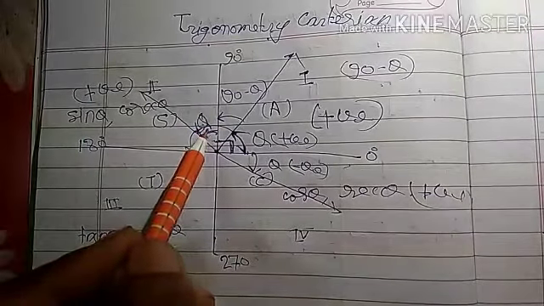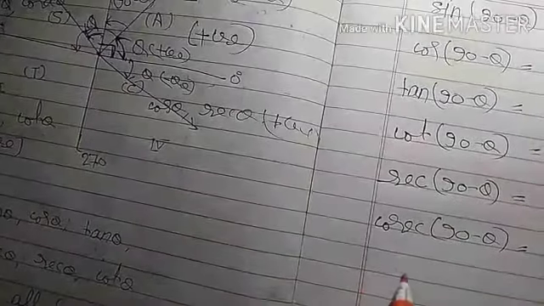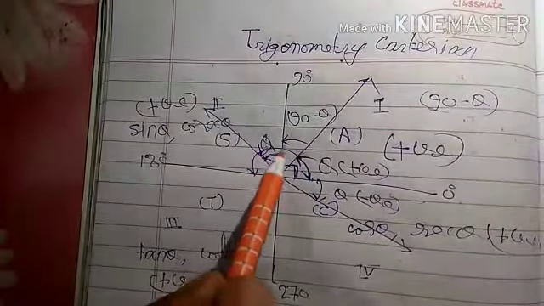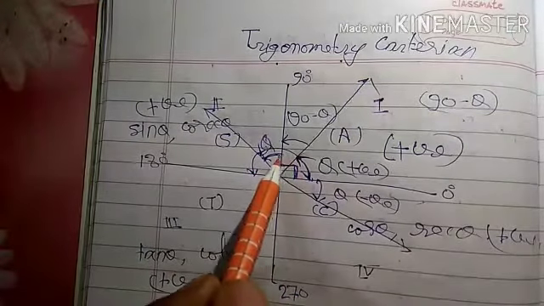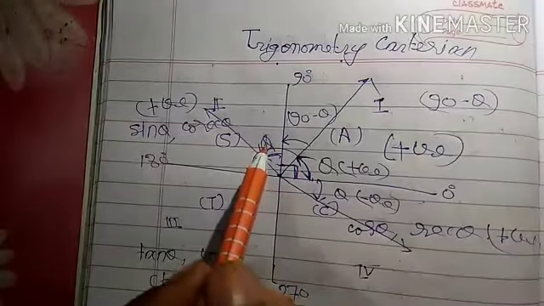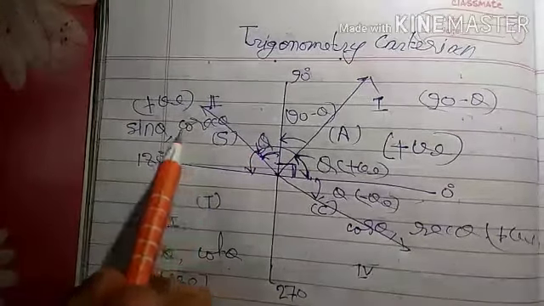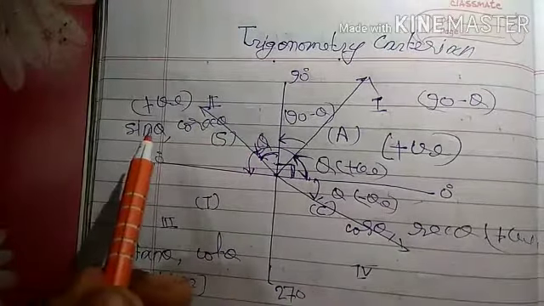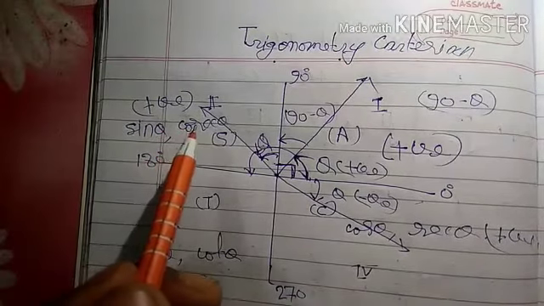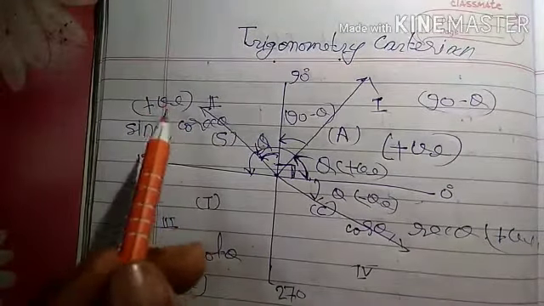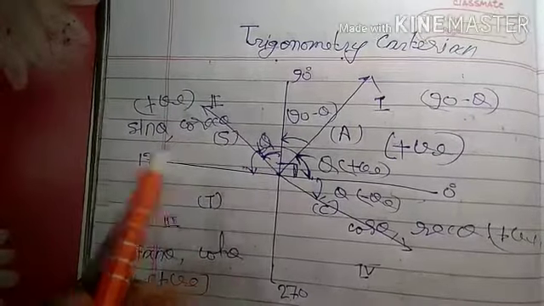So we take 90 plus theta, which is in the second quadrant. In the second quadrant, only sin theta and cosec theta are positive, and all the other four functions are negative.